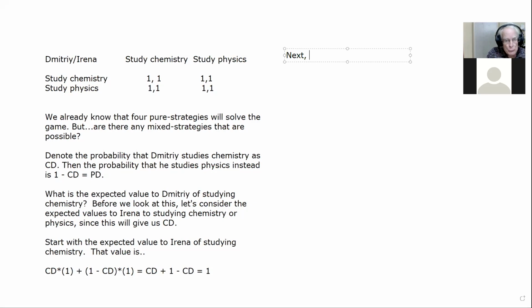Now let's compute the expected value to Urbana of studying physics. So now we're looking at the second column in the matrix.